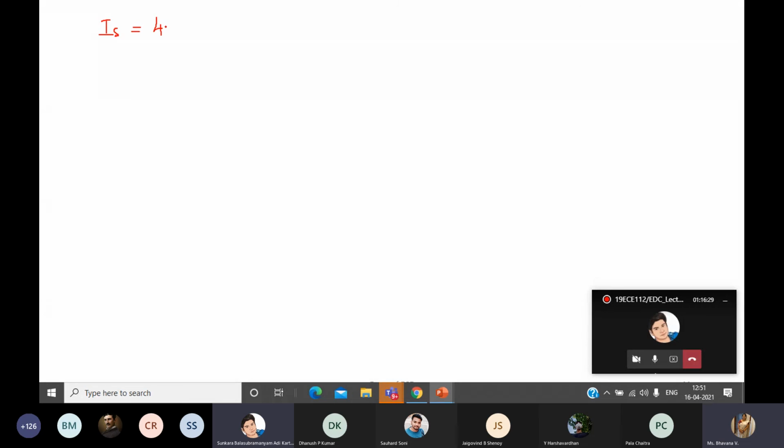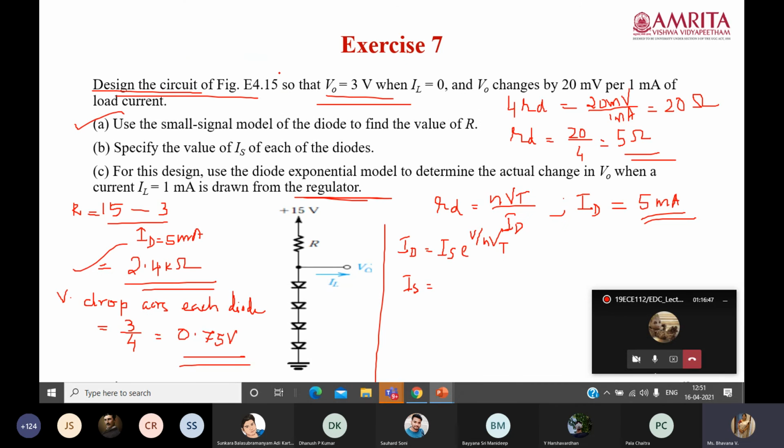My answer is 4.7 into 10 power minus 16. Yes, 4.7 into 10 power minus 16 amperes. Okay, so second part also over. IS is 4.7 into 10 power minus 16 amperes.